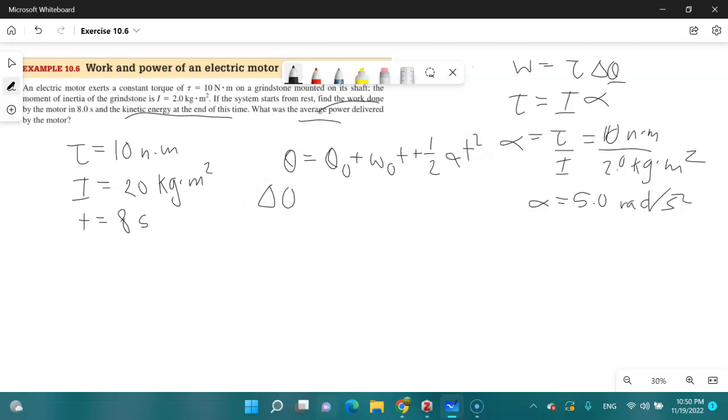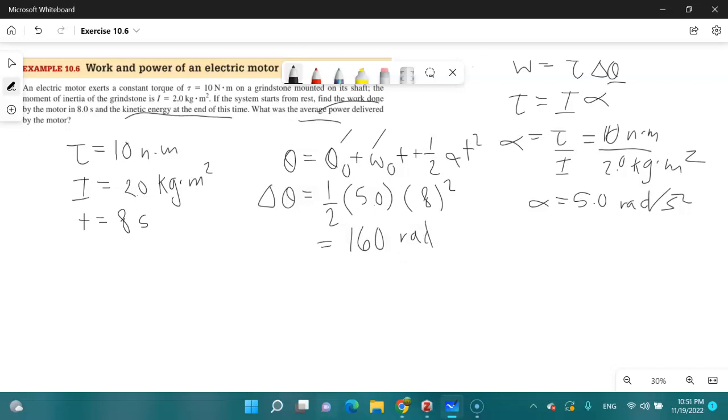Since we know that theta initial is 0, and omega initial is also 0, the change in theta is just half times the 5.0 radians per second squared that we found times the 8 seconds squared. This leaves us with 160 radians, and this is the change in theta, the change in the angle.